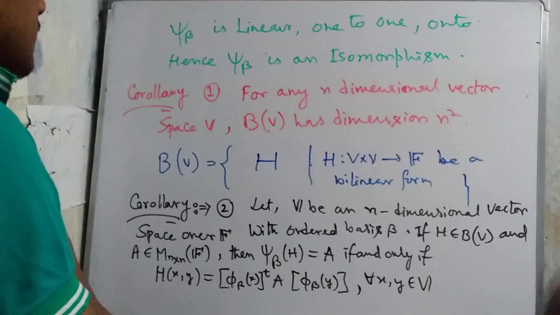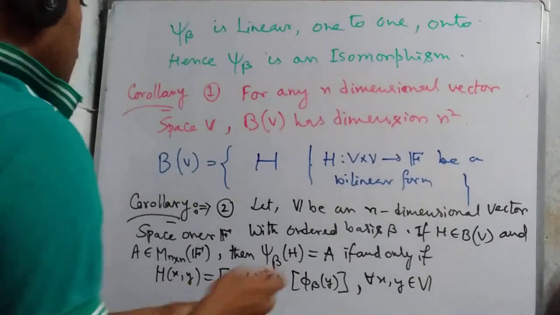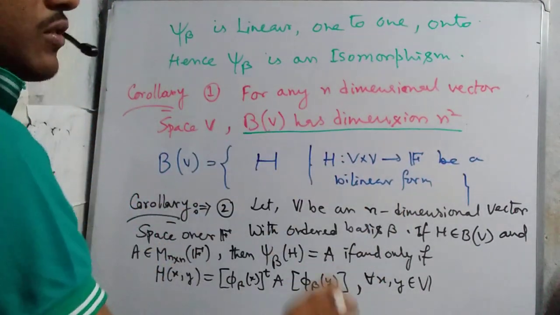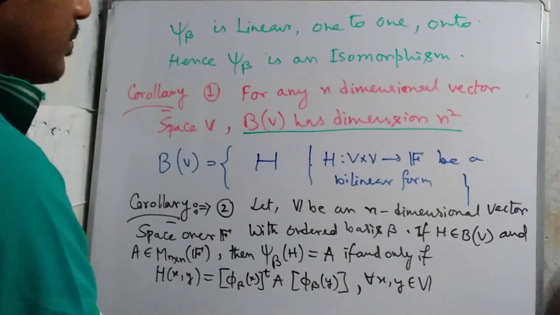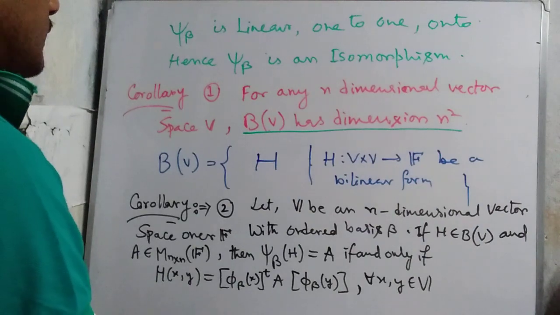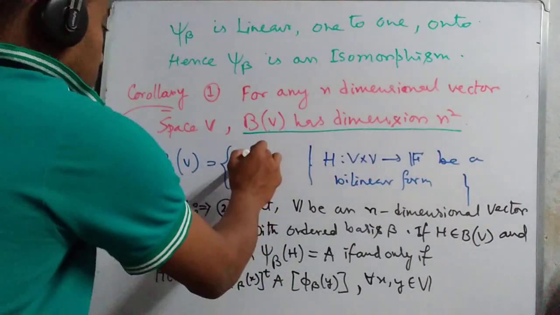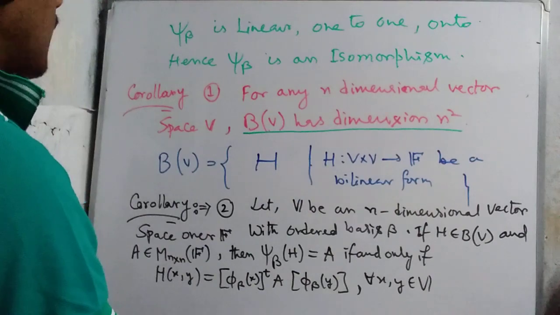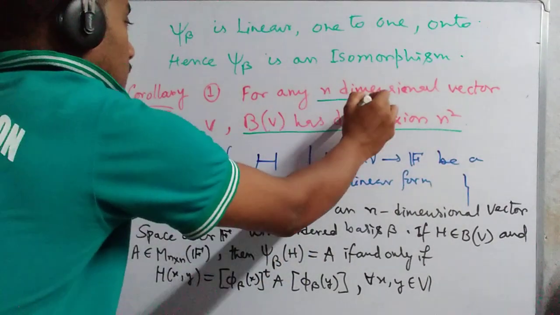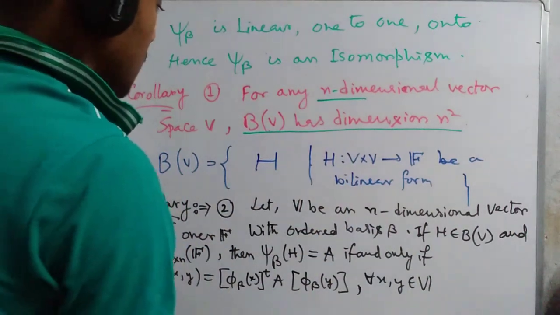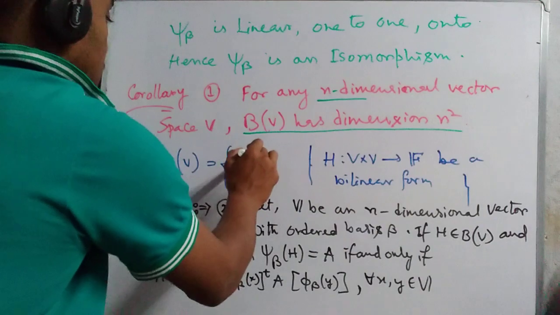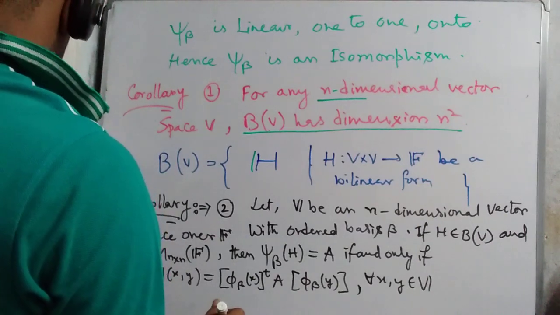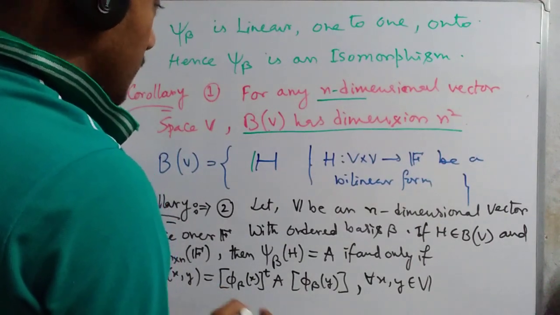Now BV has dimension n square. In the previous one we also discussed that BV has some basis, and the basis contains n square vectors. Then this basis also represents this H, understood? If V has dimension n, then BV has dimension n square, and this H is also represented by this basis of BV, understood?